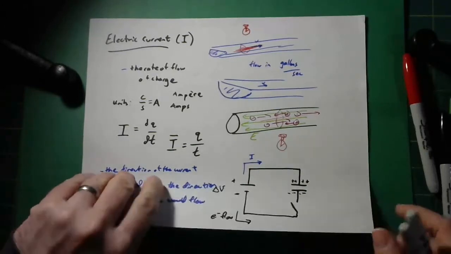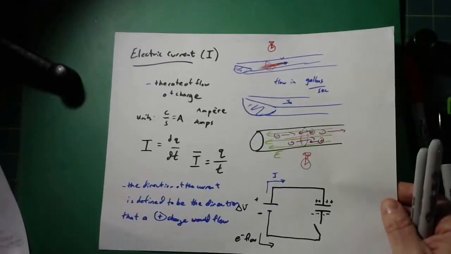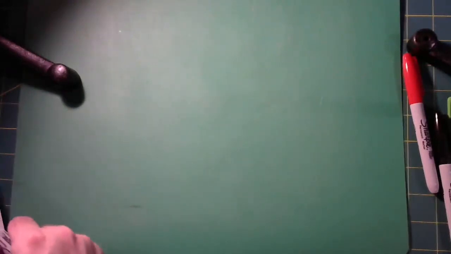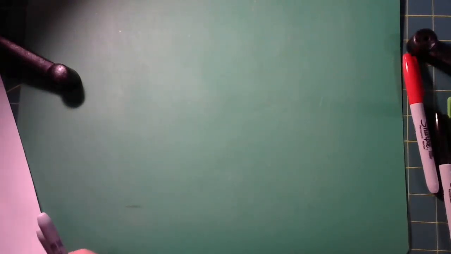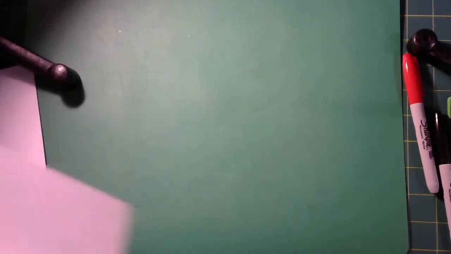All right, so moving on from there. If you're good with that definition of current, that's charge per second flowing in a wire, I want to think about this a little bit more. We said that if I want to make current flow in a wire, then I'm going to need an E field pushing that charge along the wire.